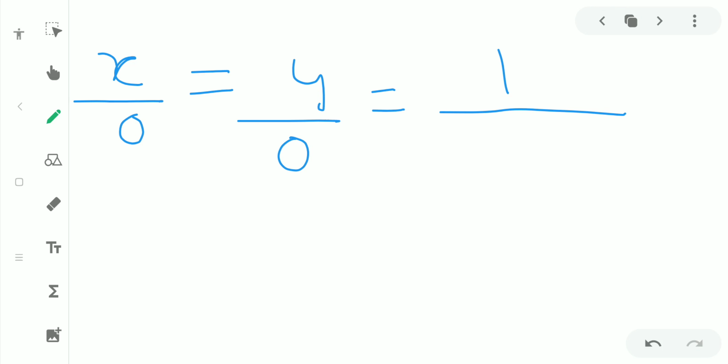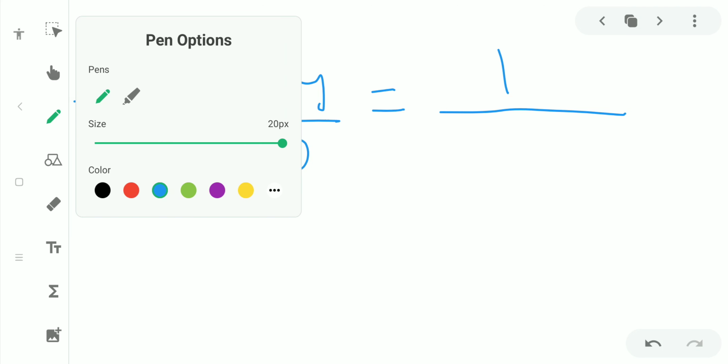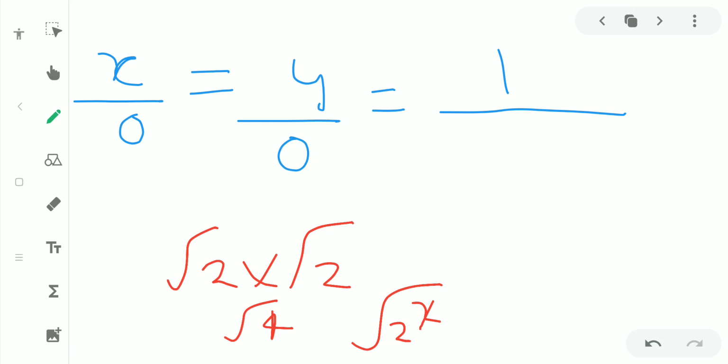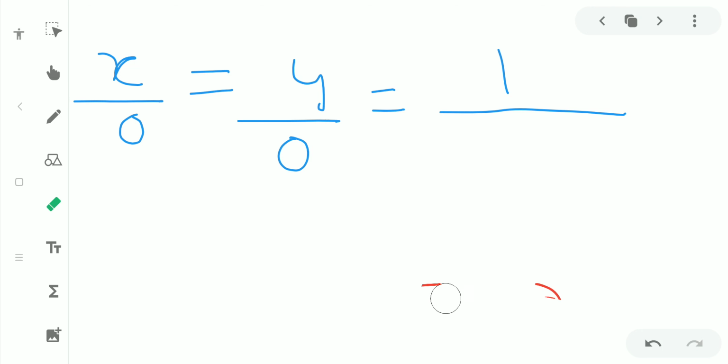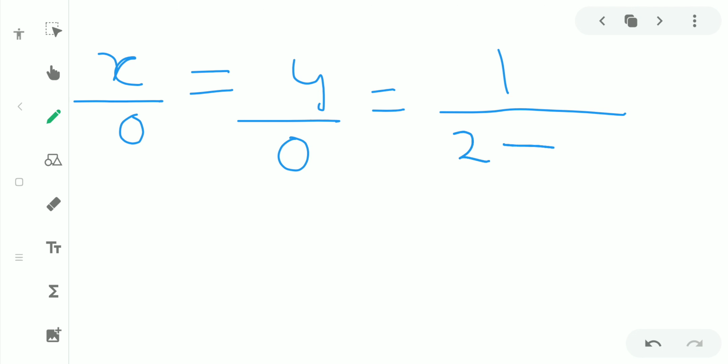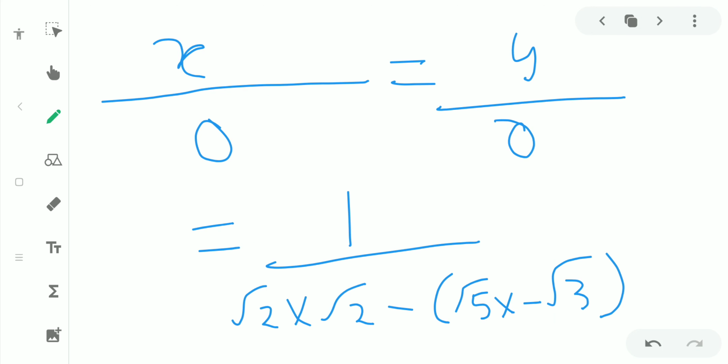That is, here I am writing just the working. Root 2 into root 2 is nothing but root 4. So 4 is nothing but 2 square. So root over 2 square, where square and root get cancelled, we are getting 2 over here. So root 2 into root 2 is nothing but 2. Minus of root 5 into minus root 3.